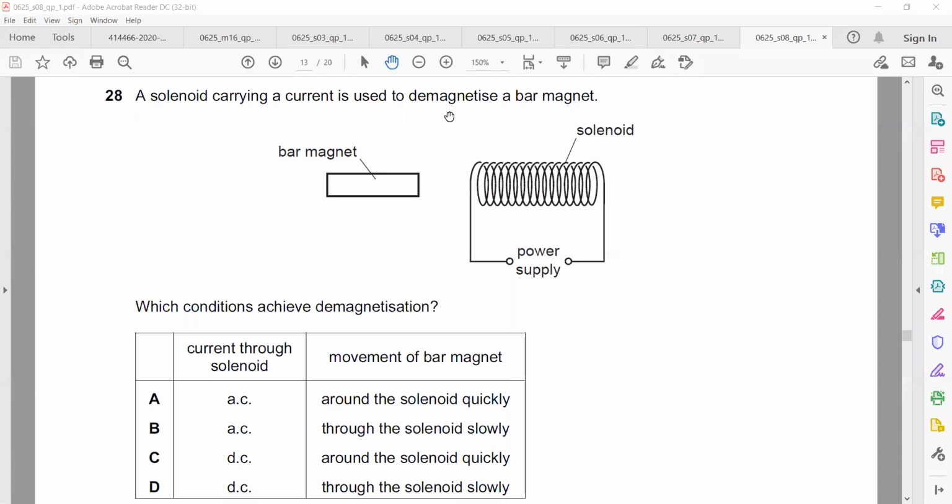The method of demagnetization is by passing an alternating current and removing the magnet out. A DC is used to magnetize a material and AC is used to demagnetize. So pass alternating current slowly through a solenoid, and it will be demagnetized.